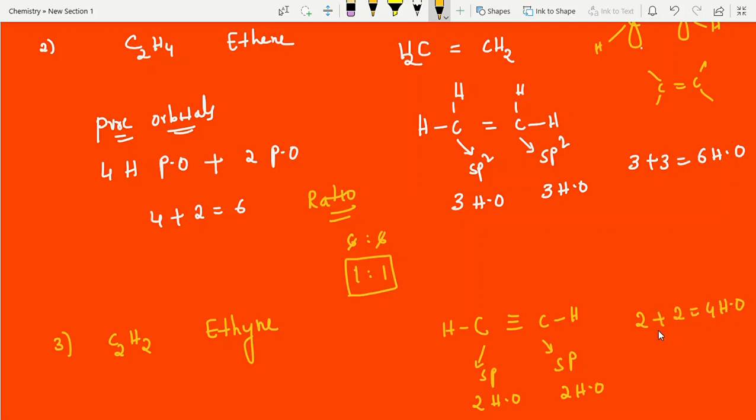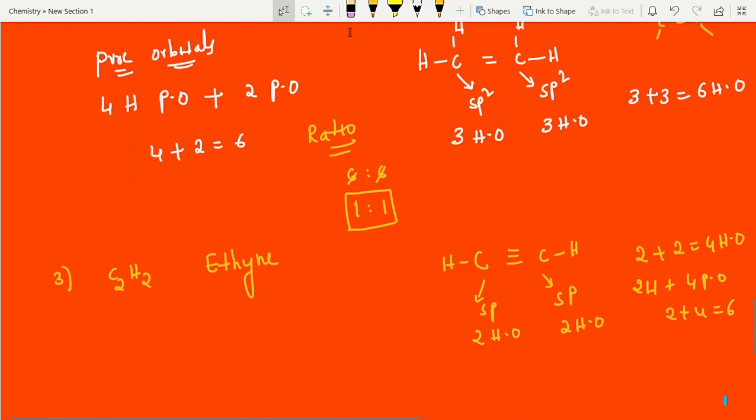Then apply the shortcut, or else two hydrogens give 2 pure orbitals, and two pi bonds means 4. So 2 plus 4, totally 6 pure orbitals.